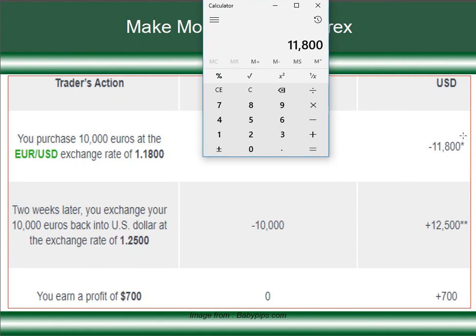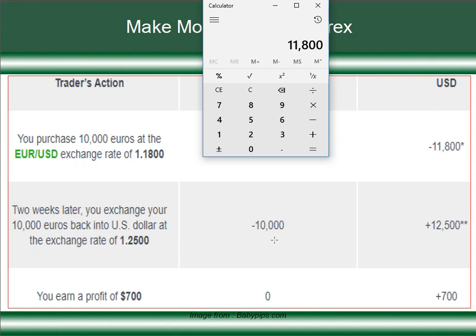Now we have USDs. Okay, I want to buy back euros. Okay, are you getting it? So in that case, if I'm going to buy back euros, then I will apply the exchange rate as at that point in time.